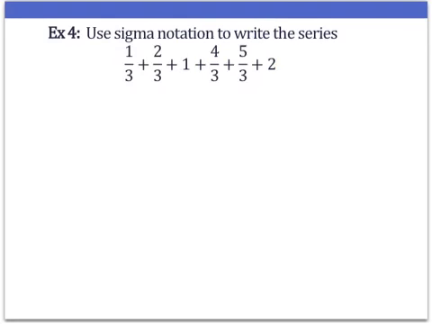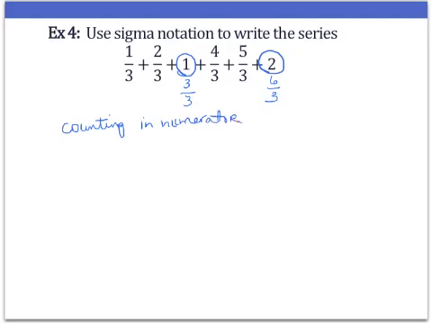Alright, now I have a series. It is also arithmetic, and I want to replace 1 and 2 with fractions that have a 3 as a denominator. So 1 is 3 over 3, and 2 is 6 over 3. Now what you could see is that you're counting in the numerator from 1 to 6. So n, you have 6 terms.